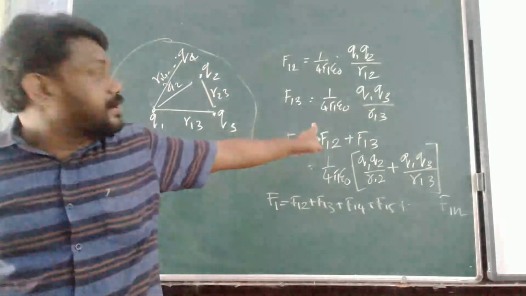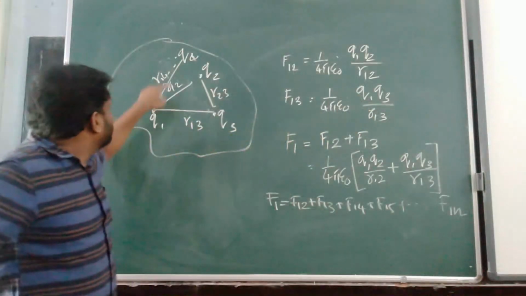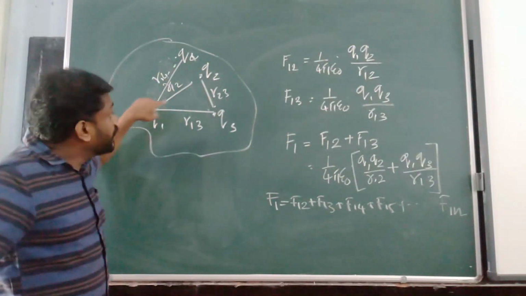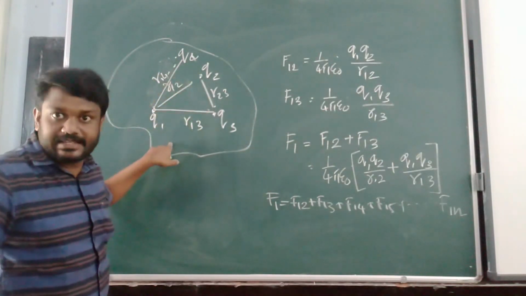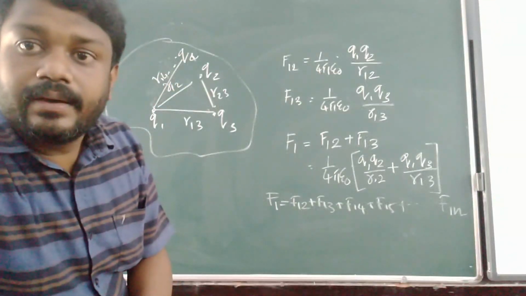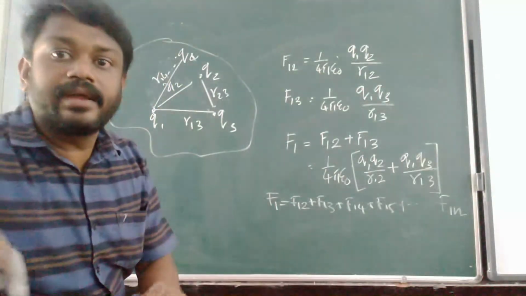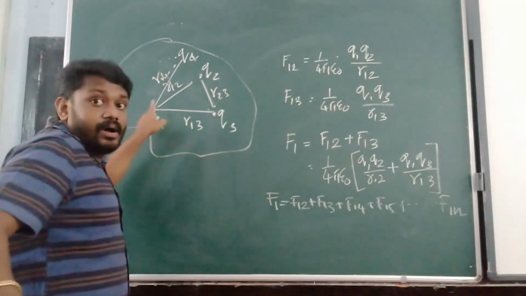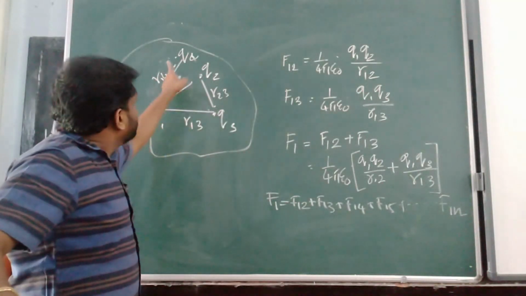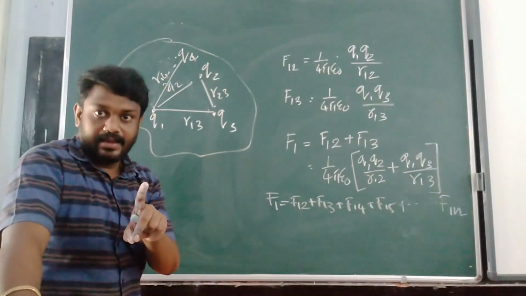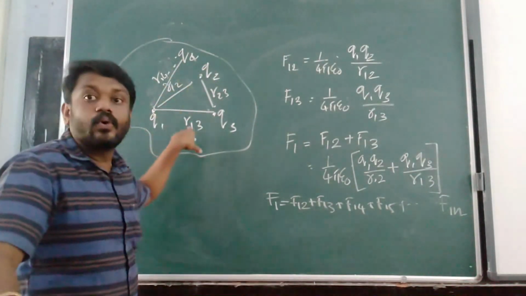See here, when you are finding the force due to Q2 on Q1, we are neglecting the presence of all other charges. If you are finding force on one charge due to another charge, then only those two charges you are considering, neglecting the presence of all other charges.